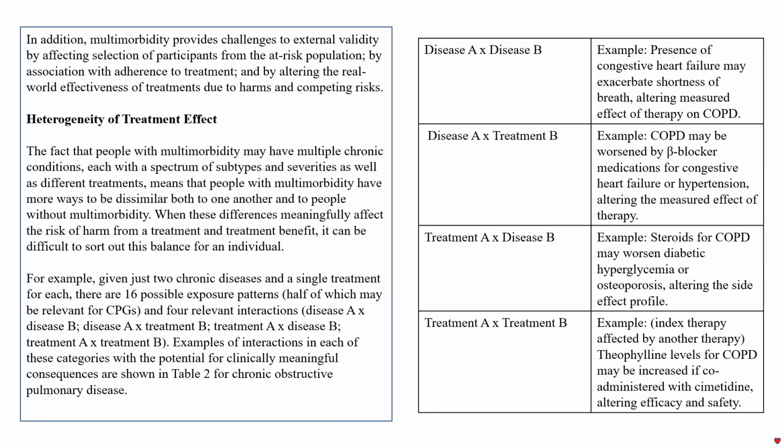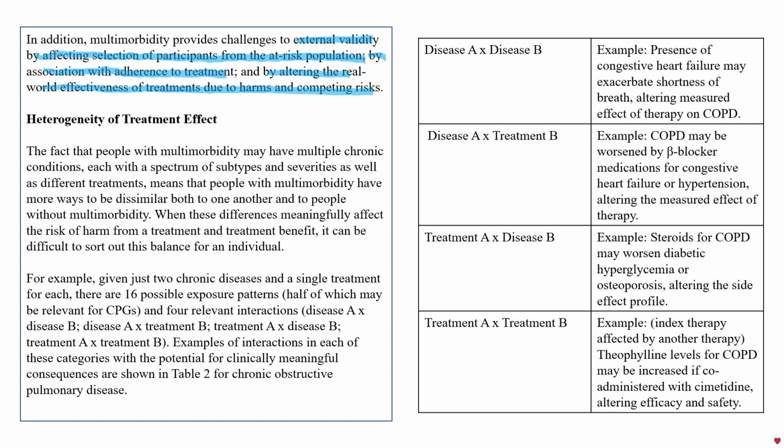In addition, multimorbidity provides challenges to external validity by affecting selection of participants from the at-risk population, by association with adherence to treatment, and by altering the real-world effectiveness of treatments due to harms and competing risk.